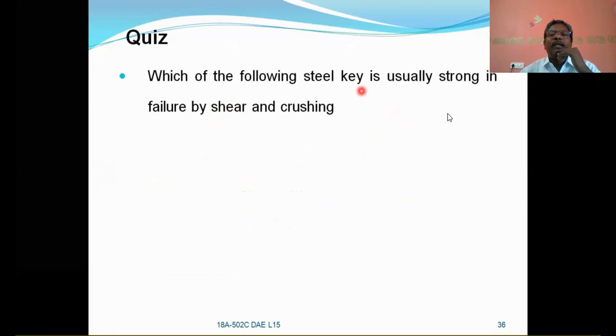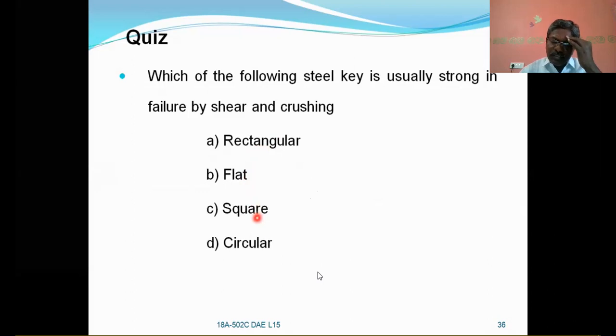Which of the following steel key is usually strong in failure by shear and crushing? Rectangular key, flat key, square key, and circular key. Which is the right answer? As per our discussion, square key is the right answer. Kennedy key is not right. Square key is the right answer.